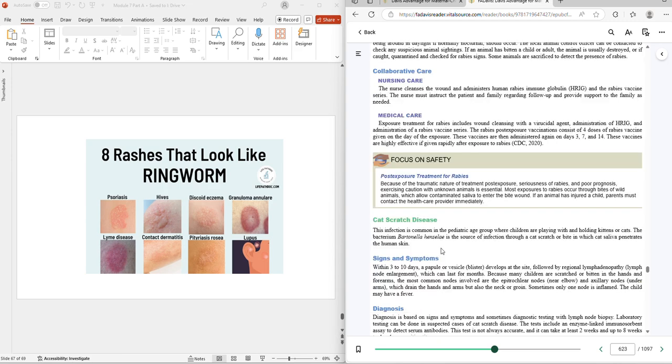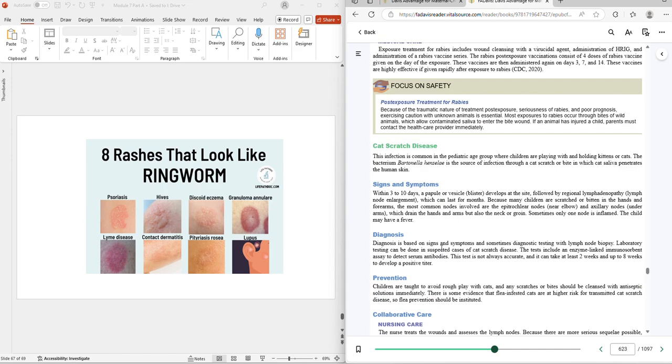On page 623 again is cat scratch fever. They have Bartonella, which is infection through the cat's saliva. Bartonella henselae. It causes blisters around that site and some lymph node enlargement, okay? It can last for months. It can affect the axillary nodes, the epitrochlear nodes near the elbow.